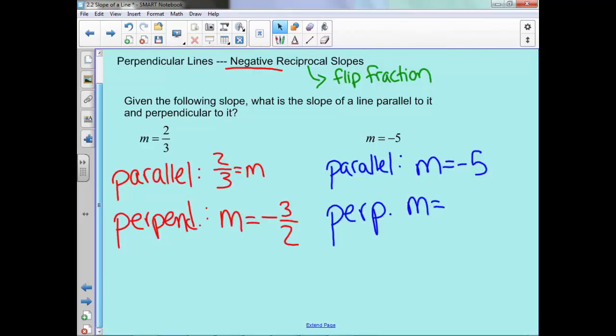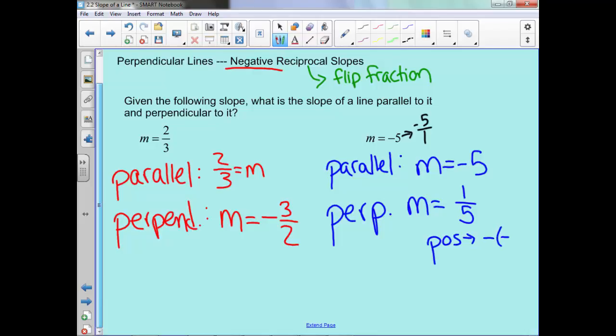So first off, if we wrote this negative 5 as a fraction, it'd be negative 5 over 1. And the negative of a negative would be positive. And then when we flip this fraction, it'd be 1/5. Once again, it's positive because you would have a negative of a negative.